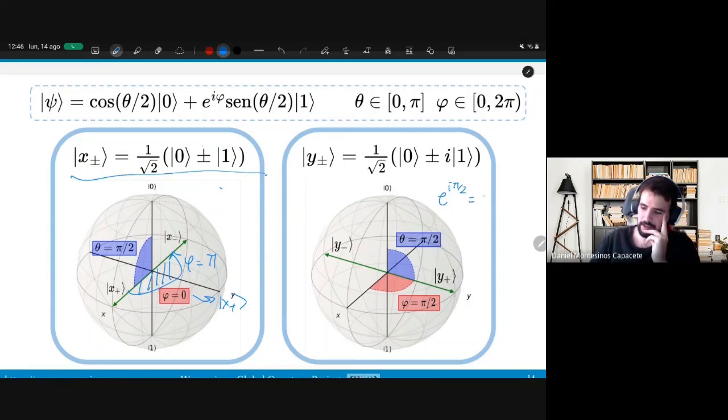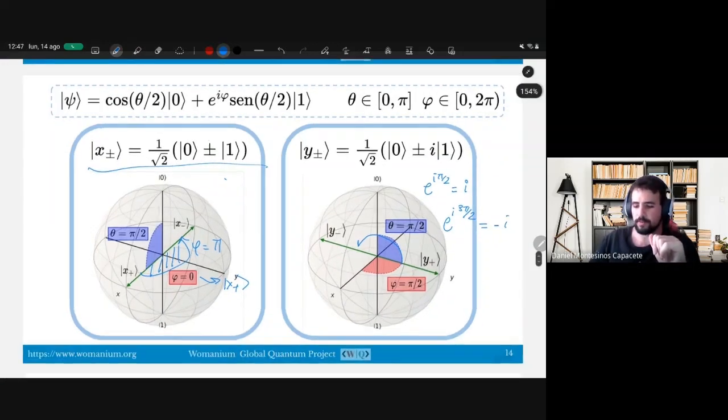Remember the first day. This will be just the imaginary unit, right? And also in here we have this complex number, and this is minus the imaginary unit. So that's why you get here the plus, minus, and the imaginary unit.